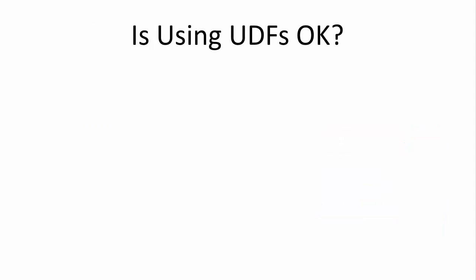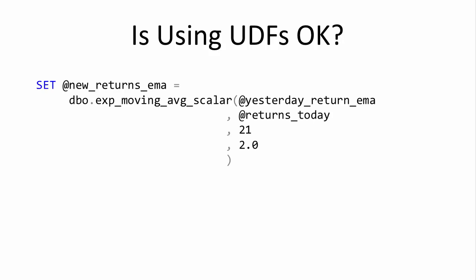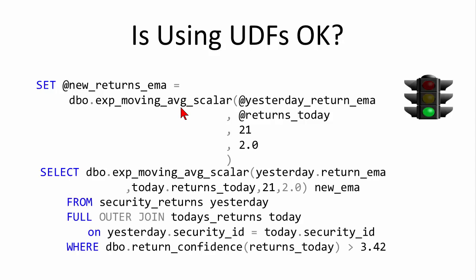Is it okay to use a UDF? Well, if you're using something like this, where you have a single function execution, it's great. Functions are a way to consolidate and represent business logic in a reusable form. So this is great. Do it any day.